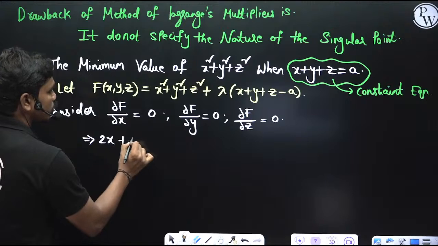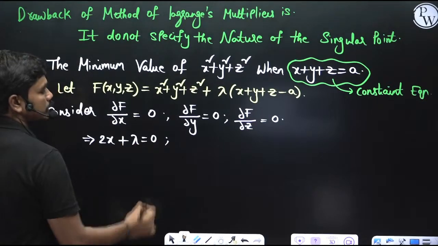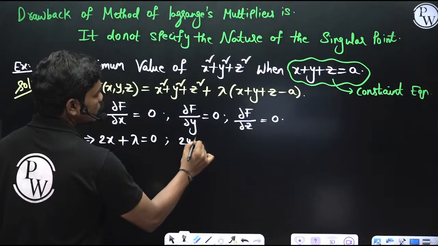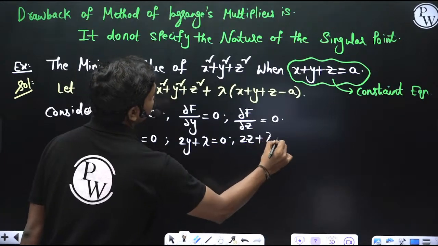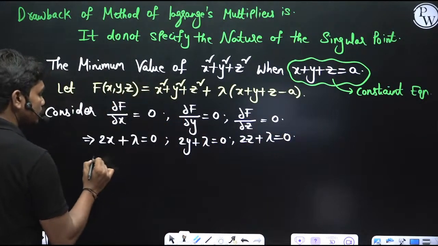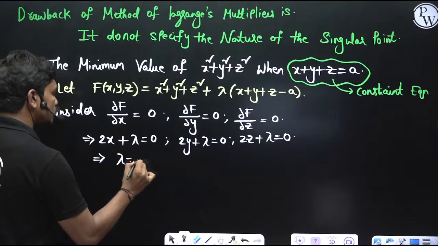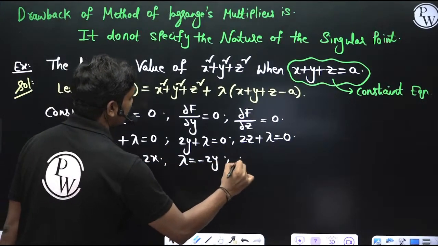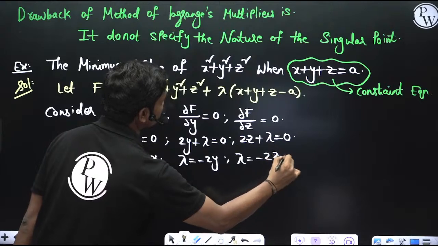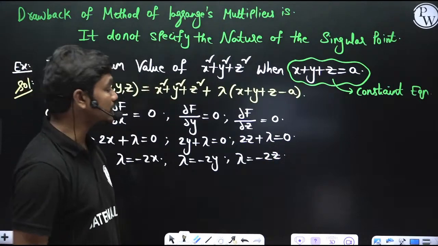So 2x plus lambda is equal to 0. Similarly, this equation gives you 2y plus lambda equal to 0 and 2z plus lambda equal to 0, which means you can observe something. Lambda is equal to minus 2x, lambda is equal to minus 2y, and lambda is equal to minus 2z.